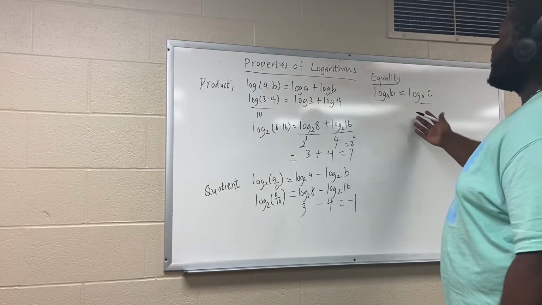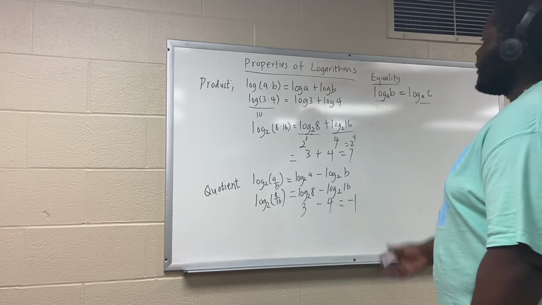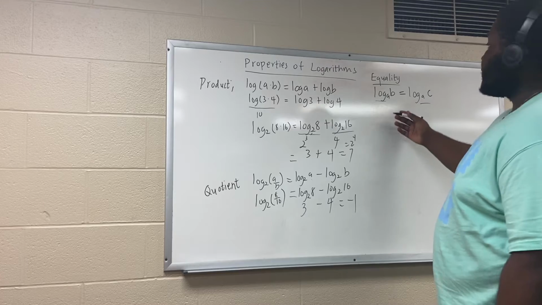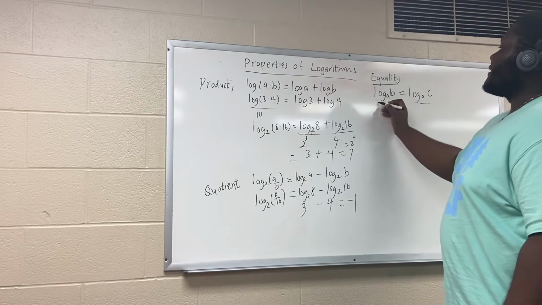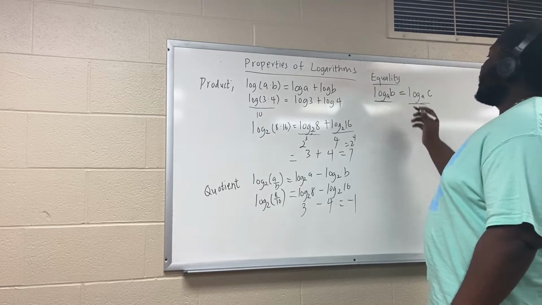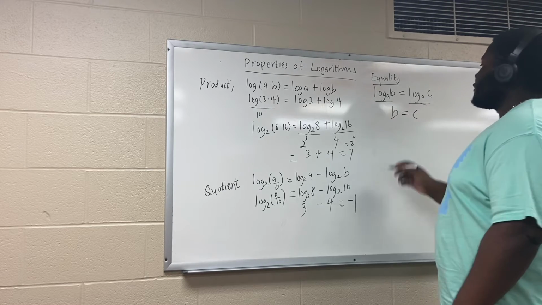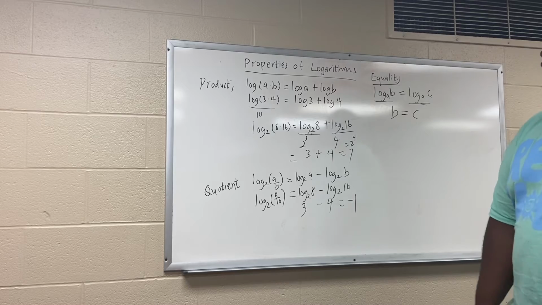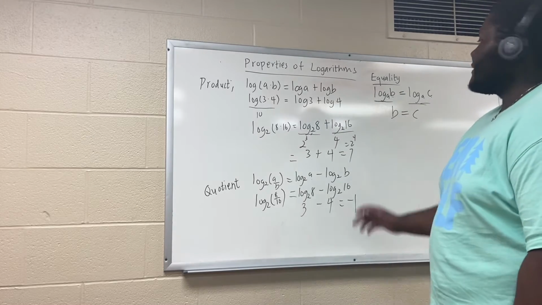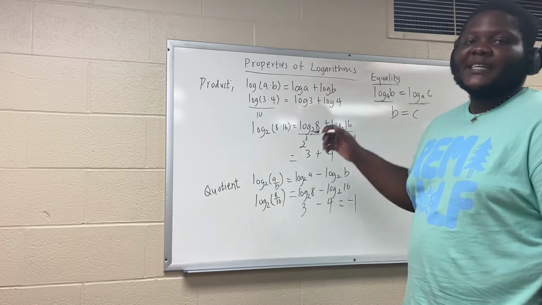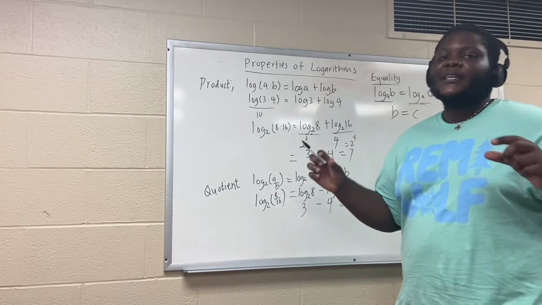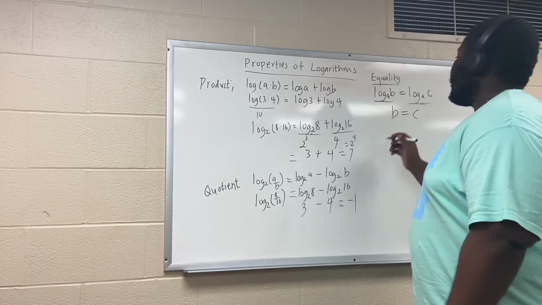If you have two logarithmic equations, because they have the same base, you can equate the values inside. So b will be equal to c. This doesn't always mean that b has to be the same number as c, but you can just equate them.